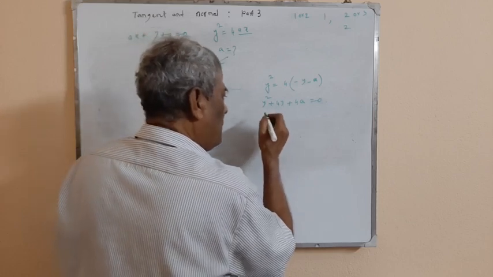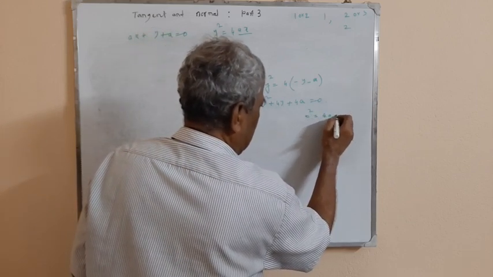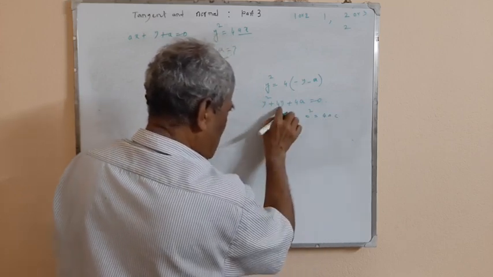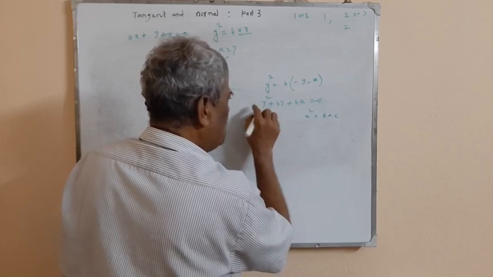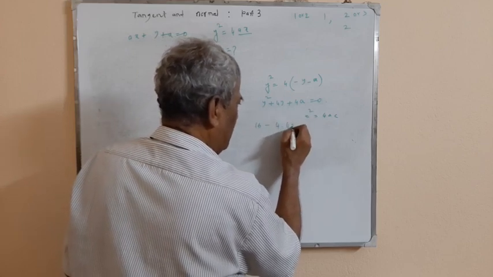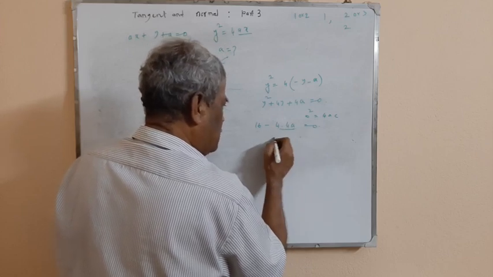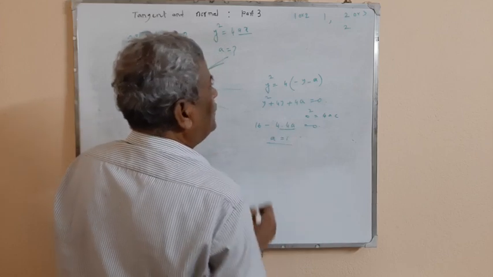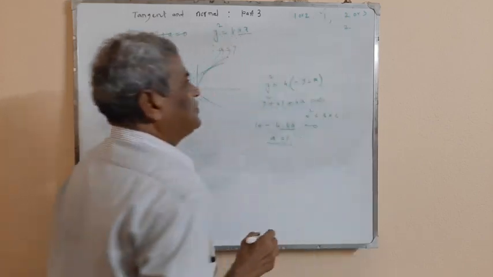That is, b square is equal to 4ac. That is, b square means 16, minus 4, a is 1, c is 4a, is equal to 0. That is 16a is equal to 16. So hence a is equal to 1. So only 1. So this is our correct option.